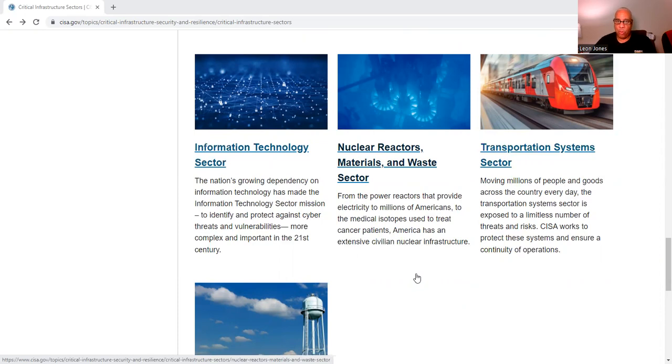And you have your nuclear reactors, materials, and waste sector. Now, from the power reactors that provide electricity to millions of Americans to the medical isotopes used to treat cancer patients, America has an extensive civilian nuclear infrastructure, and they're your nuclear power plants.